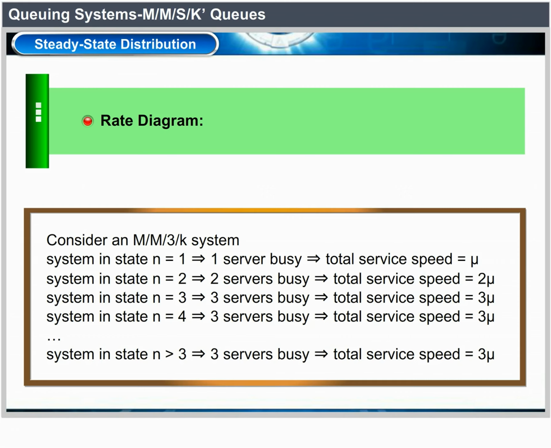State n is equal to 3 implies 3 servers busy, total service speed is 3 mu. State n is equal to 4 implies 3 servers busy, total service speed is 3 mu. State n greater than 3 implies 3 servers busy, total service speed is equal to 3 mu, as shown.